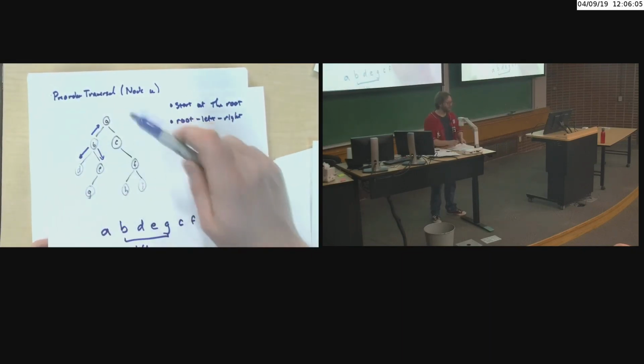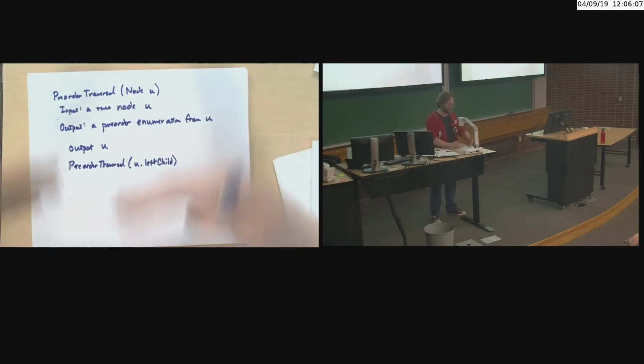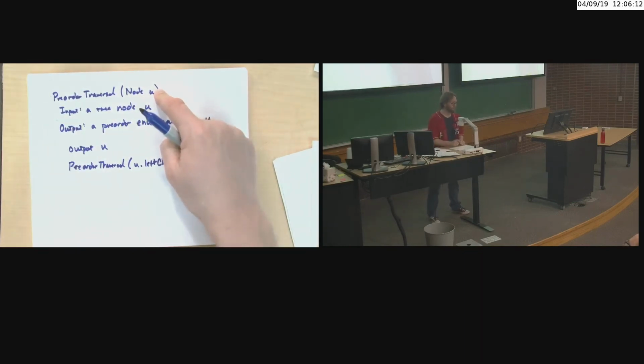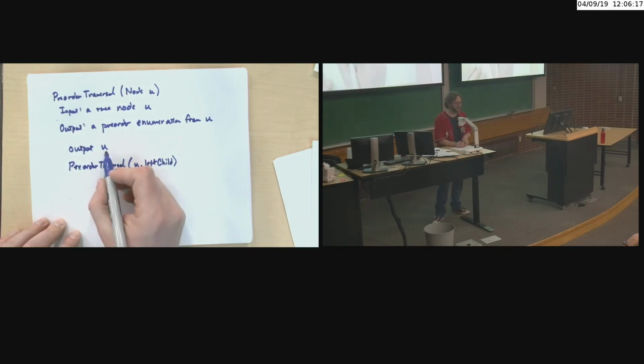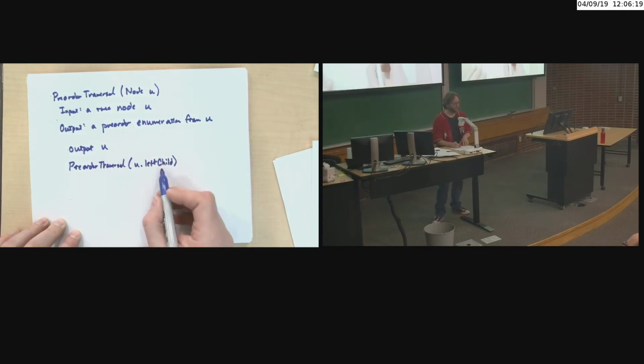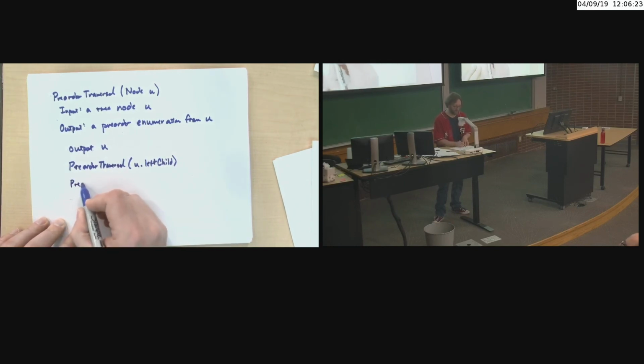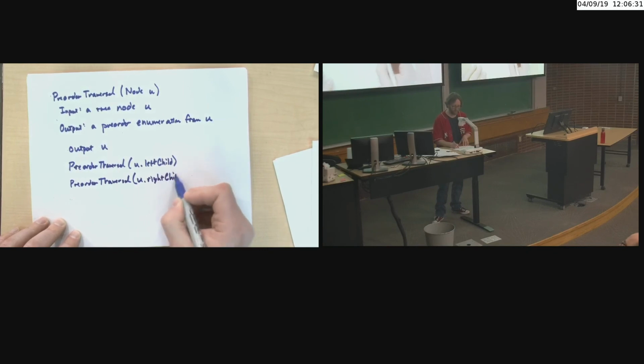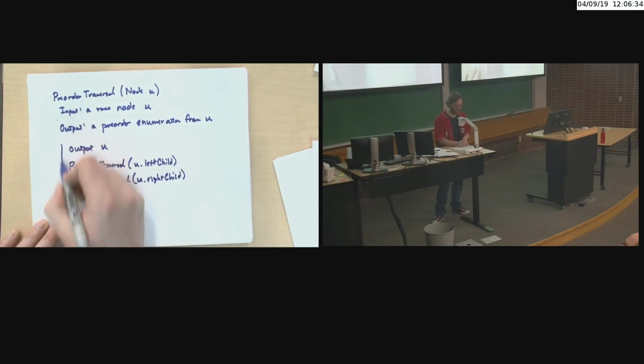The return on that recurse comes right back to this recursive call, and I'm back to having u here. What do I do next? I went with the root, the left subtree, then what? I go to the right. u dot right child. There we go. That's it.